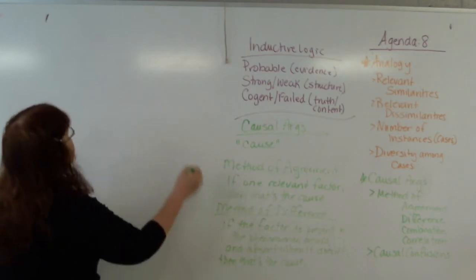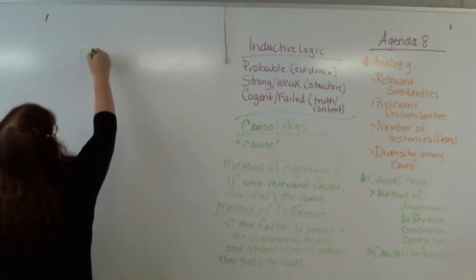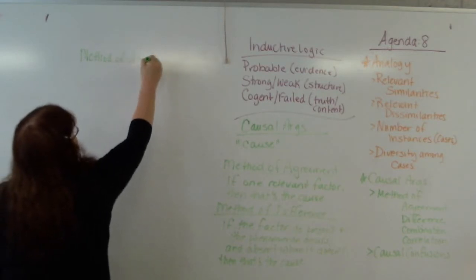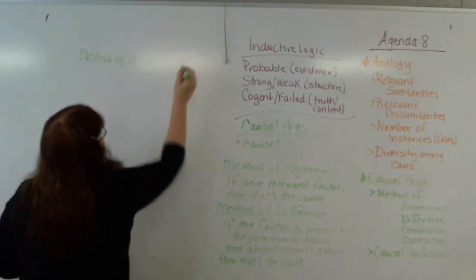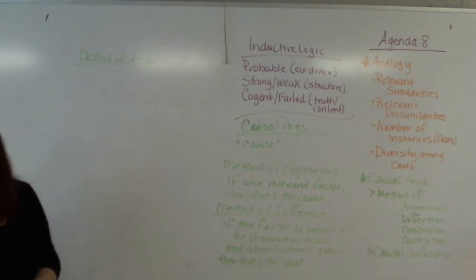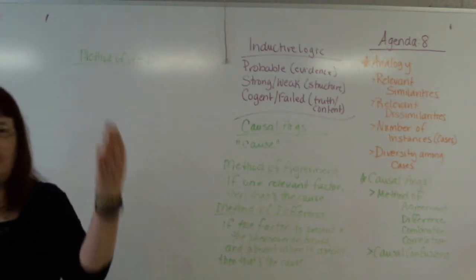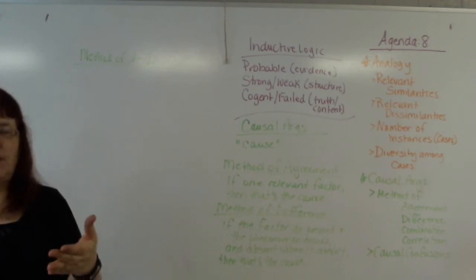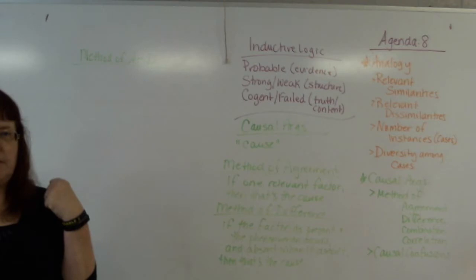We can combine those two, method of agreement and difference. Basically, we have one main factor. Everything only happens when it's there. When it's missing, nothing happens.